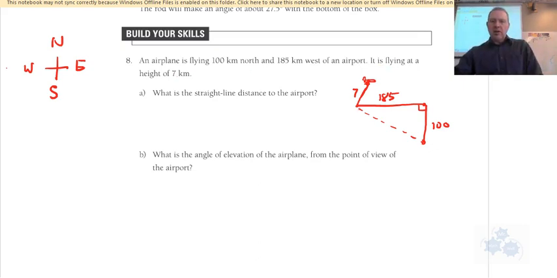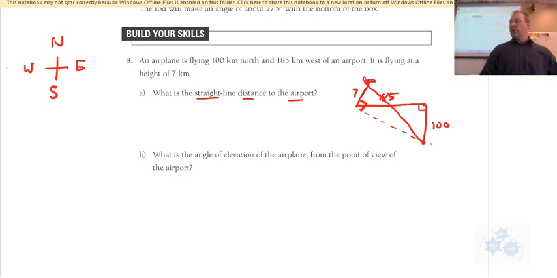Now that might not look really good, but we're talking about the straight line distance to the airport from the plane. So maybe this will help. So this straight line distance right here, if I can draw a straight line here, that's pretty tough. You see? Now this is a 90-degree angle from the airplane to the ground. So it might be a little tough to envision that, but let me just grab a couple triangular rulers here.